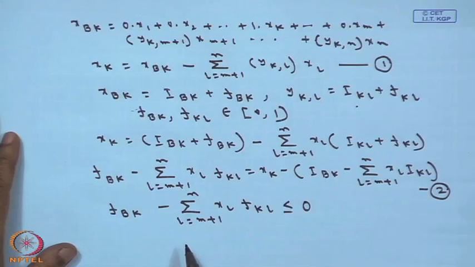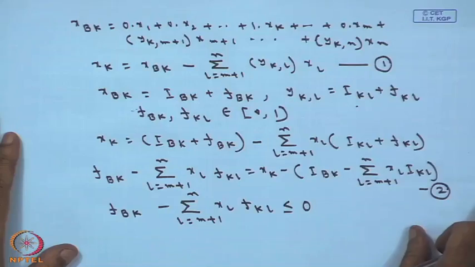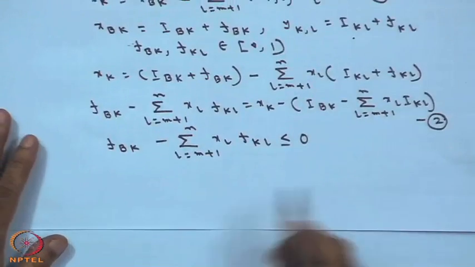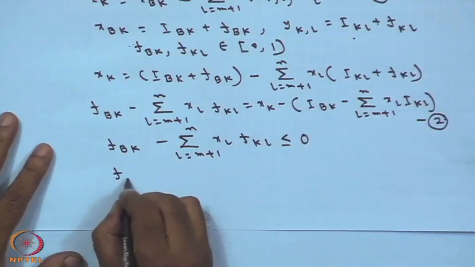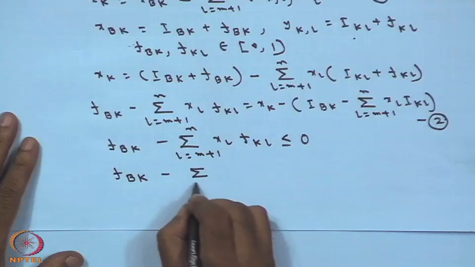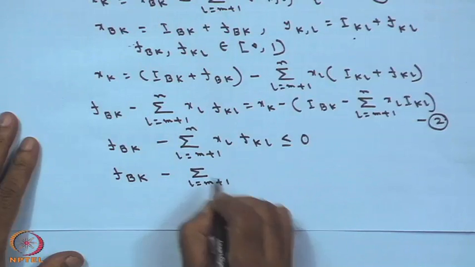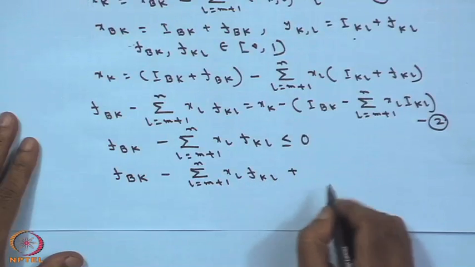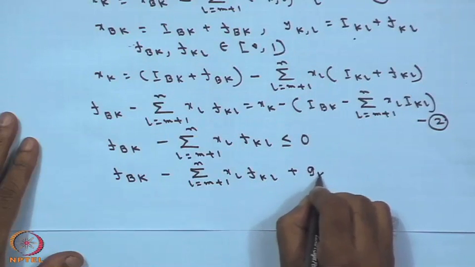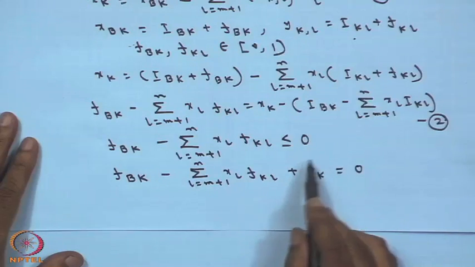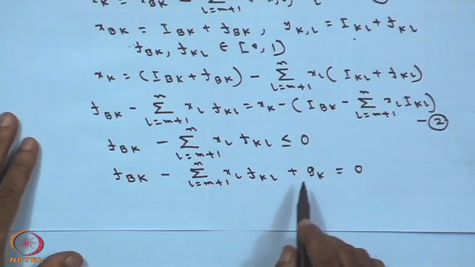This above inequality can be made an equality constraint using one slack variable, which we call the Gomorian slack variable. We can make it an equality constraint, that is f_bk minus summation over L equals m plus 1 to n x_L into f_kL plus g_k equals 0, where this g_k we call the Gomorian slack variable.